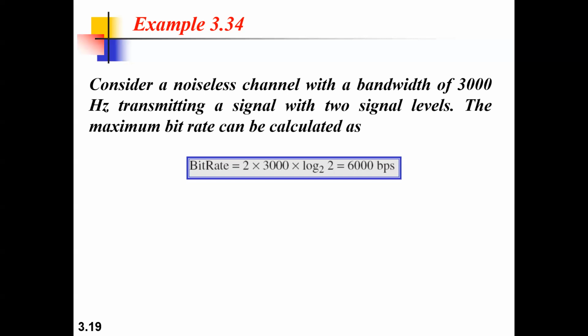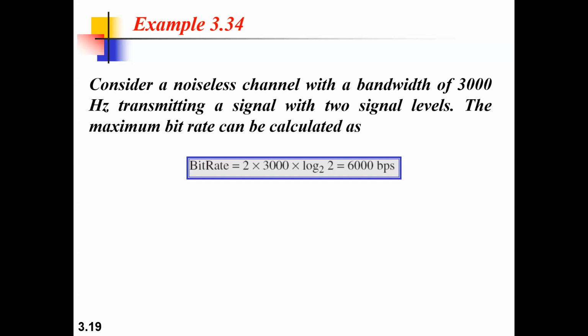So bandwidth of 3000 Hertz, transmitting a signal with 2 signal levels. The maximum bit rate can be calculated as follows.